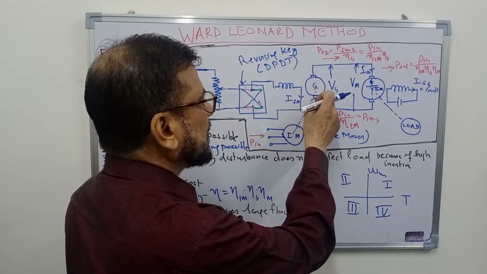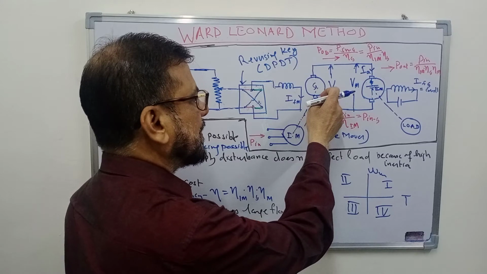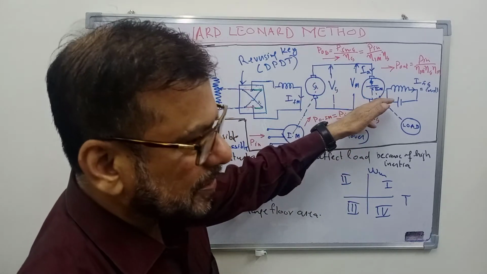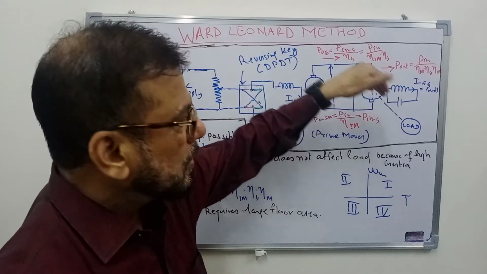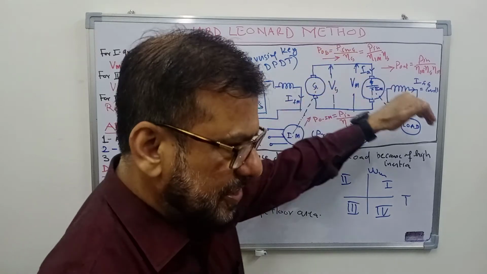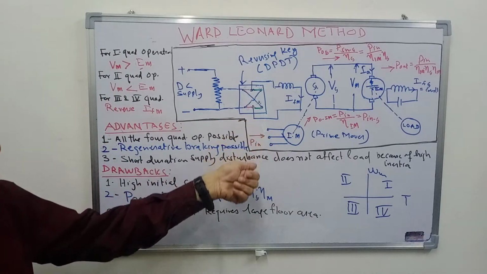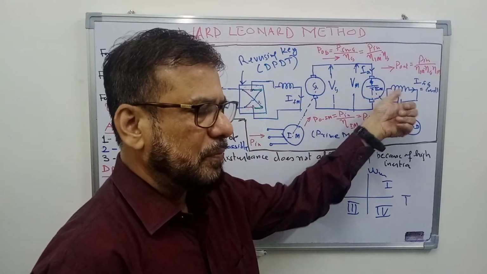That will cause a change in the voltage here, that will cause the change in the speed here. Again it will have inertia, so the whole system has a high inertia, so small disturbances here will not affect the speed of this motor because it takes time.